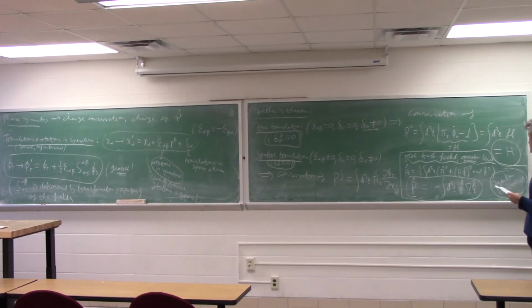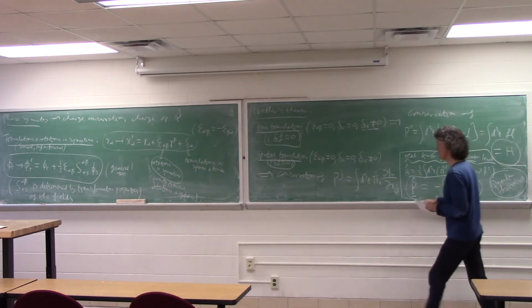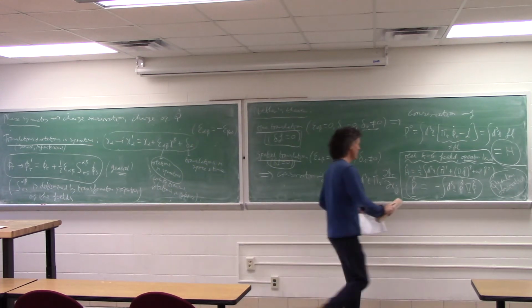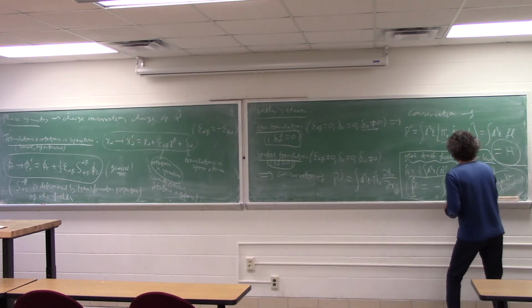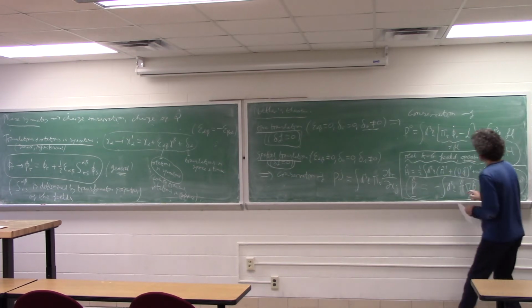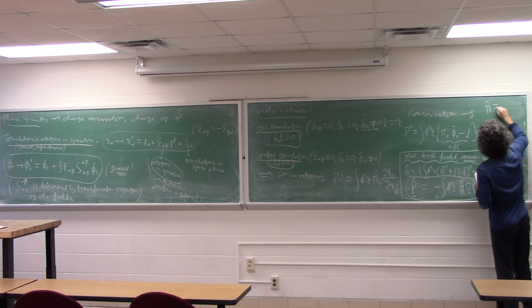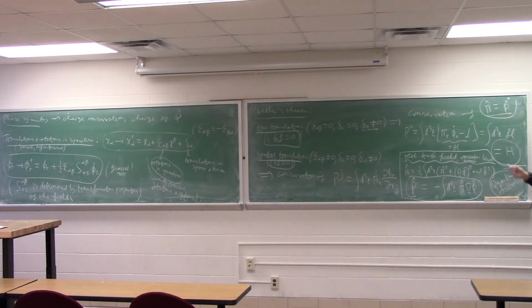Of course, I could have written it in terms of pi hat. Let's write pi hat here. Of course, pi hat is just the same as phi hat dot, because the canonical momentum density for the real Klein-Gordon field is just phi dot.